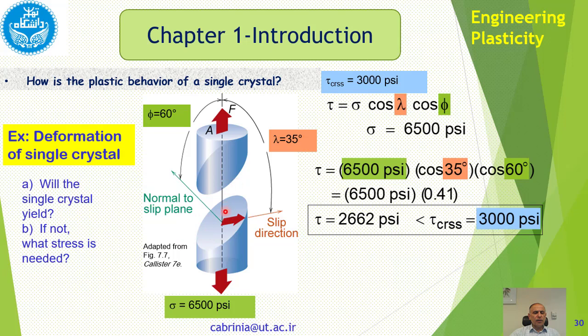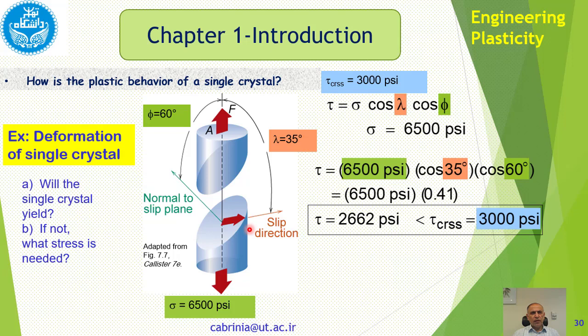When the slip does not occur, no yielding, because plastic deformation is basically due to shear stresses. Plastic deformation is basically due to slip of the crystals. Okay? If there is no slip, there is no plastic deformation.